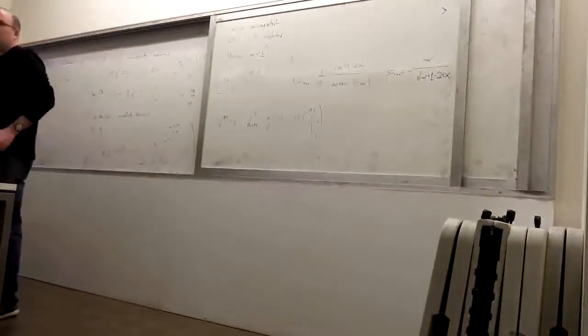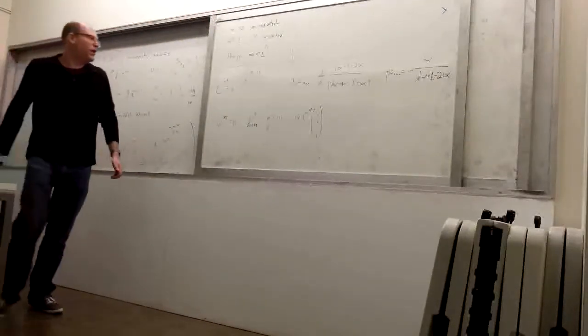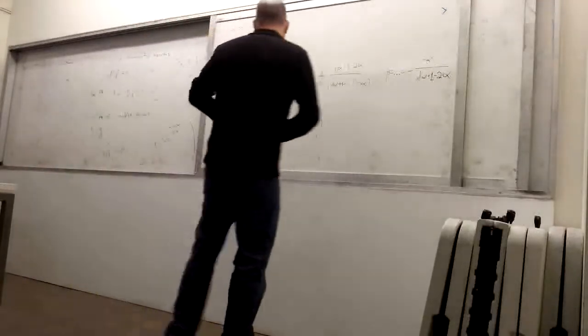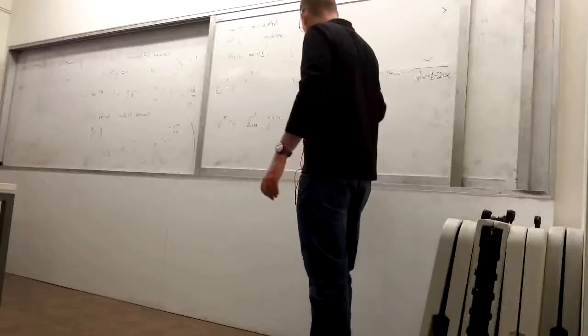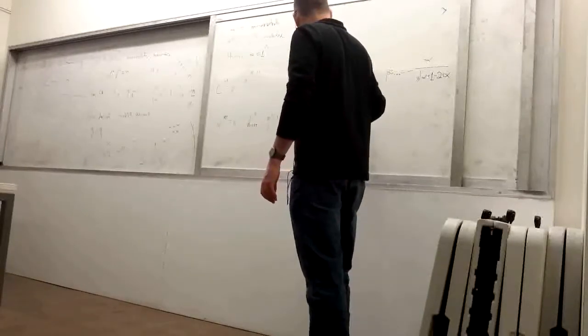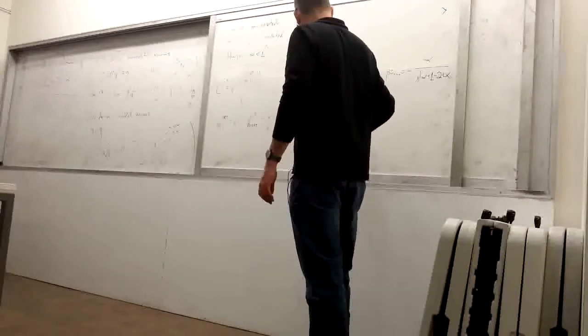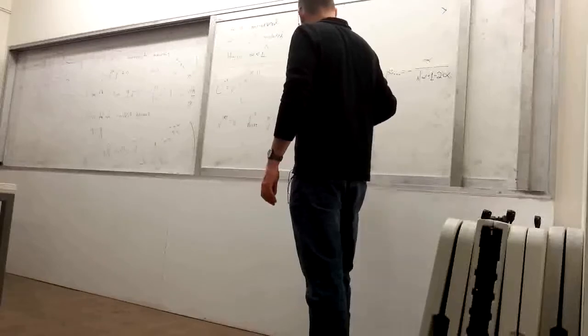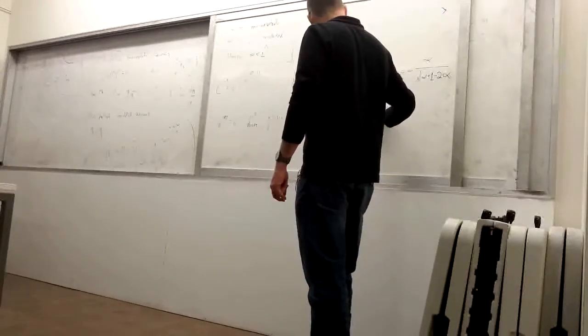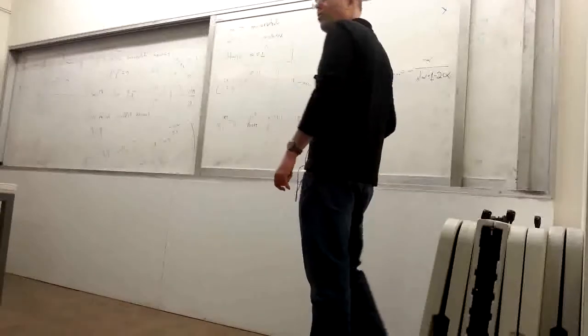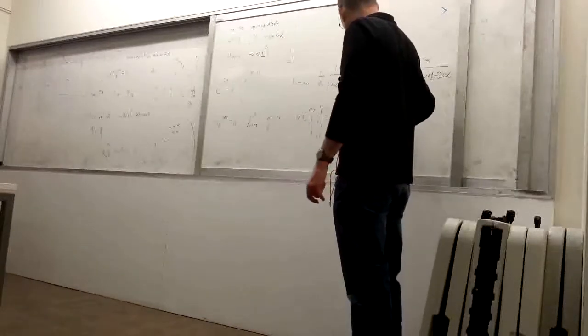The sum of all the elements of the matrix. We have two types of elements: the diagonal elements and the non-diagonal elements. So we get G squared times n times B, these are the diagonal elements, plus n times n minus 1 divided by 2, the number of non-diagonal elements, multiplied by B times beta.